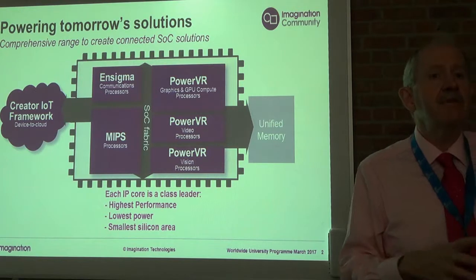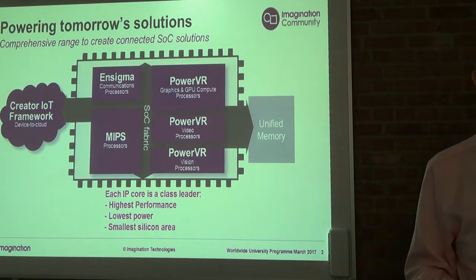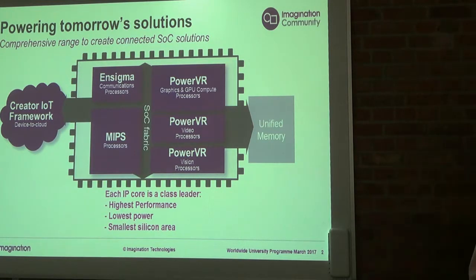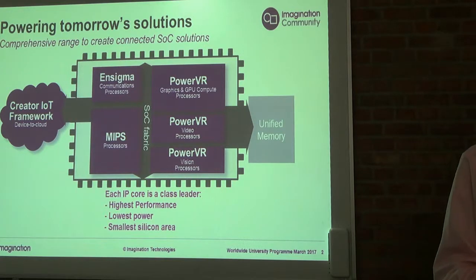First of all, let's just say a little bit about Imagination. We've been in the news for not the best reasons in the past year. I'm not going to go through that, but the company's had a turbulent time. But the thing I want to stress to you is that I expect that Imagination will be under new ownership within the next couple of months, and that is going to bring renewed investment. And this company has some things of enormous value. If you use an Apple iPhone or an iPad, you're using our GPU. We believe it's the best GPU in the business.